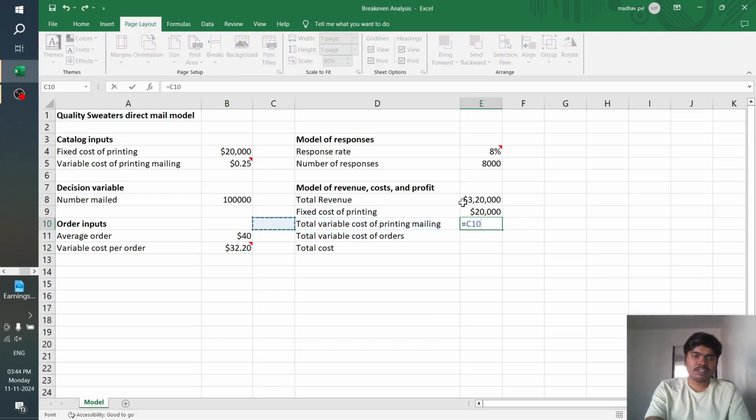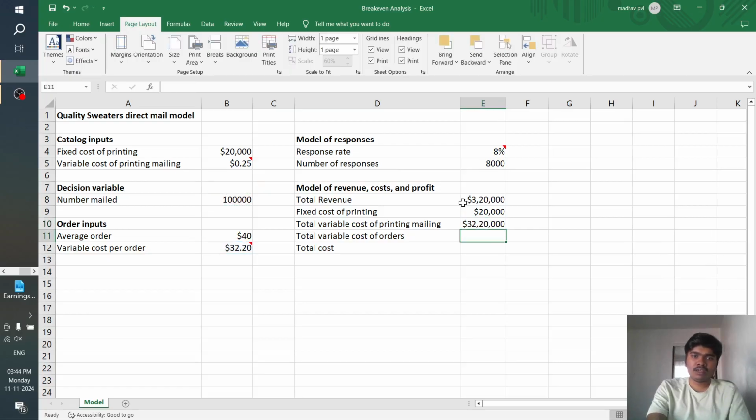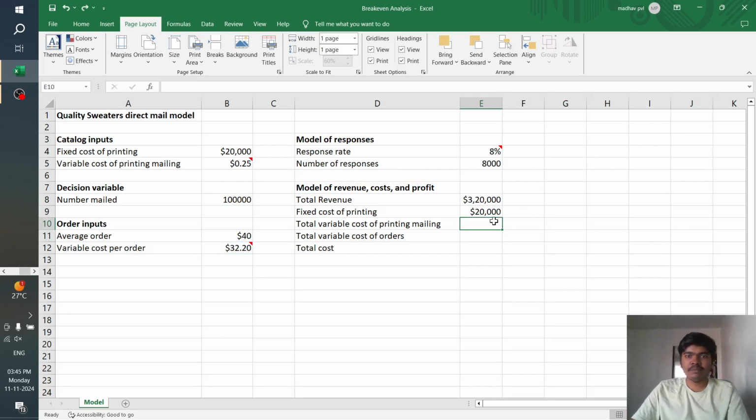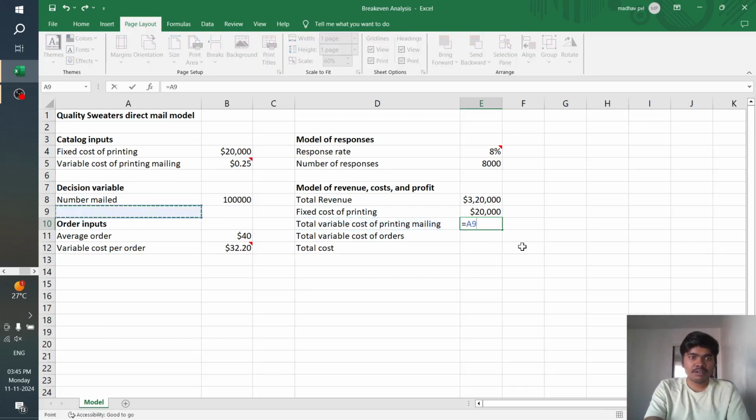I made a mistake over here: the total variable cost of printing and mailing is this multiplied by the number mailed. So we calculate this times the number mailed, and this will be the total cost of printing and mailing.